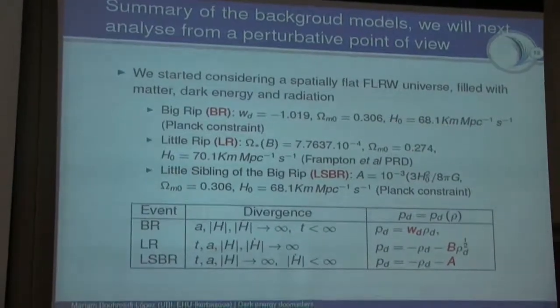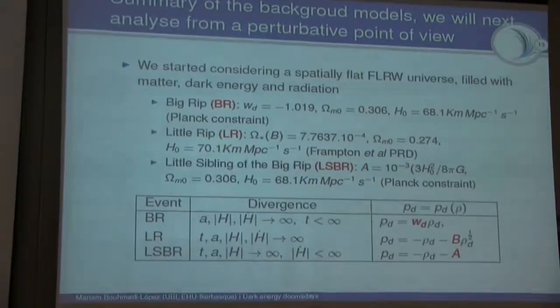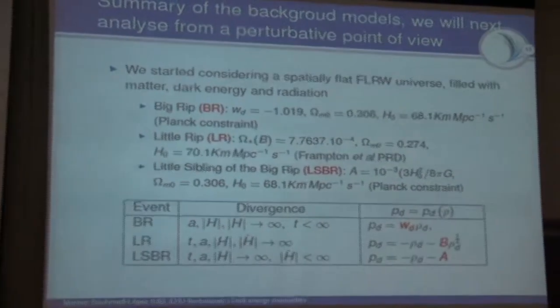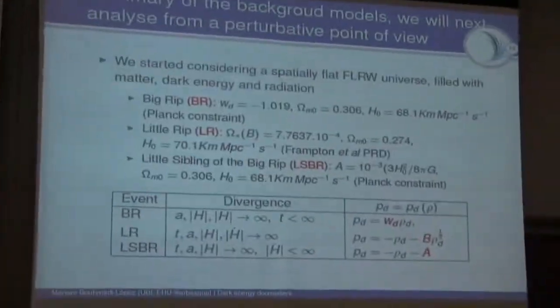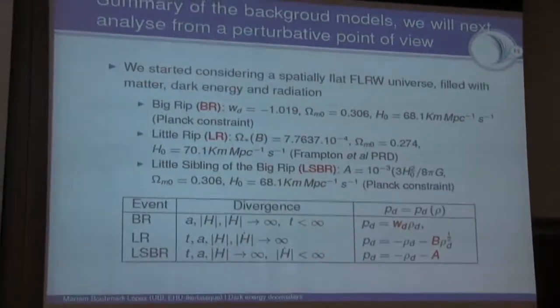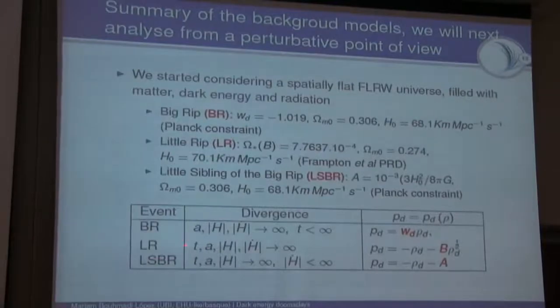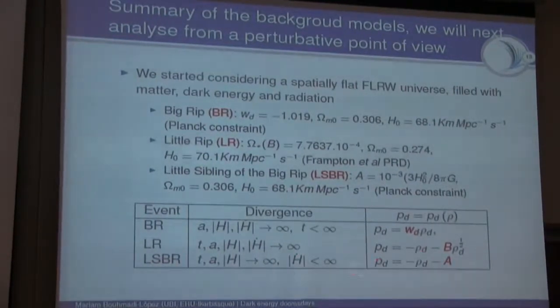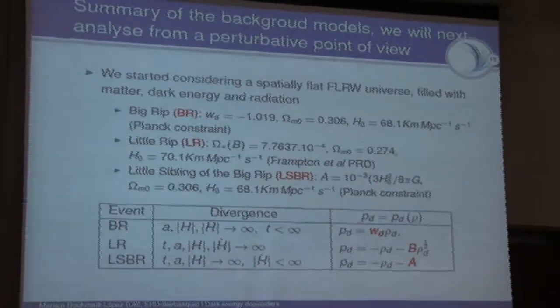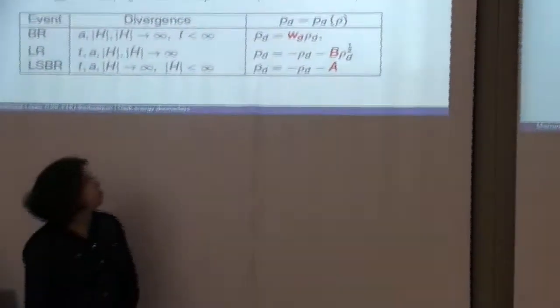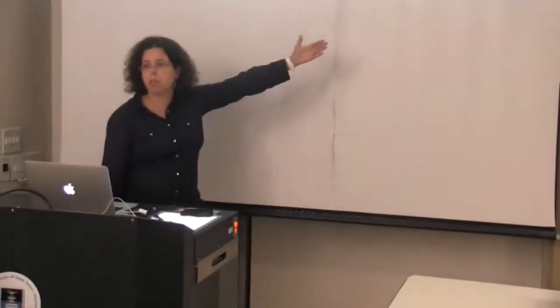Then the little rip, and the simplest option would be this kind of equation of state, a deviation from the cosmological constant, where the deviation is described by the square root of the dark energy density. And then finally the little sibling of the big rip, which is essentially a deviation from the cosmological constant by a constant, which is negative. So these are the three models that we considered, and we worked out the perturbations.